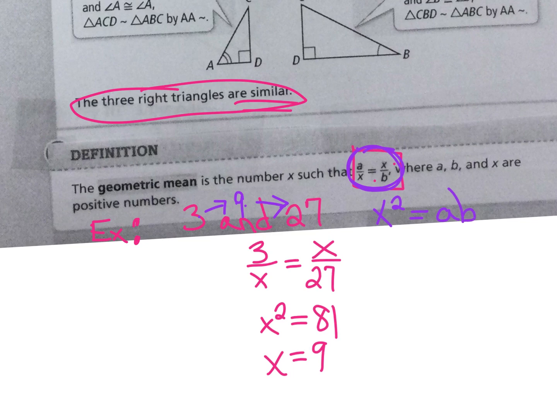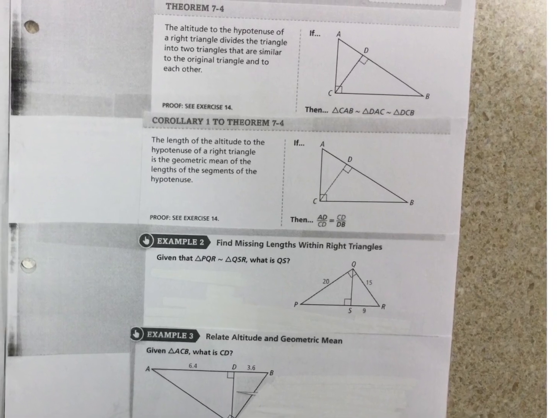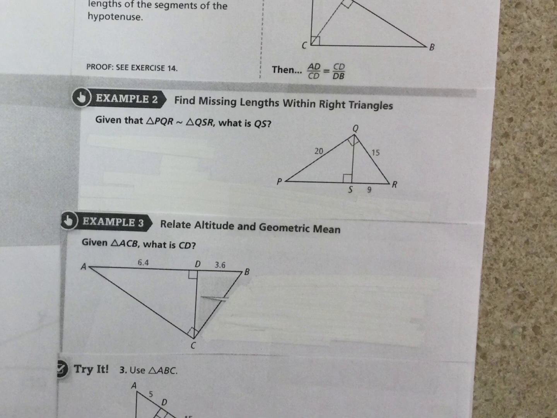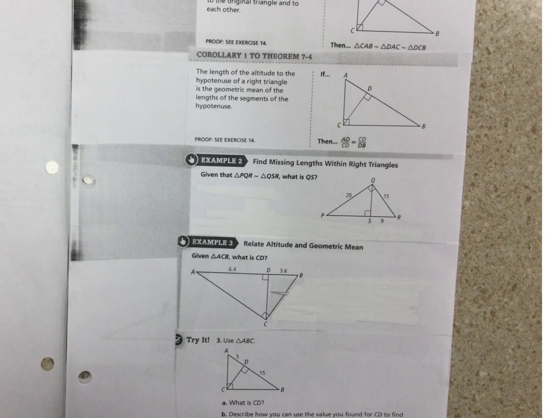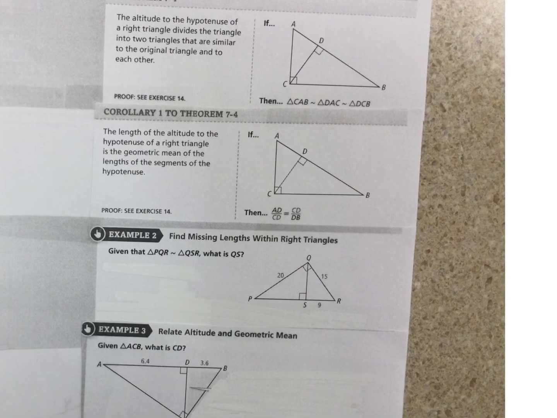So that's geometric mean. A lot of different ways that we can solve these triangles. I'm going to show you one. The one thing that we need to know is the geometric mean, okay?